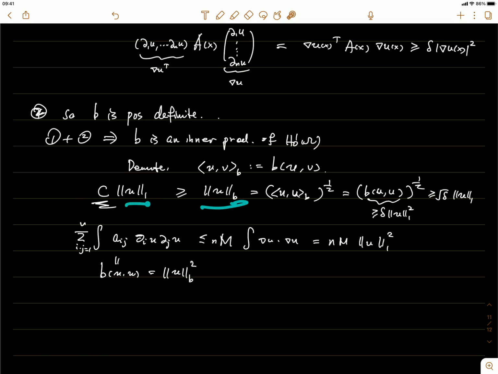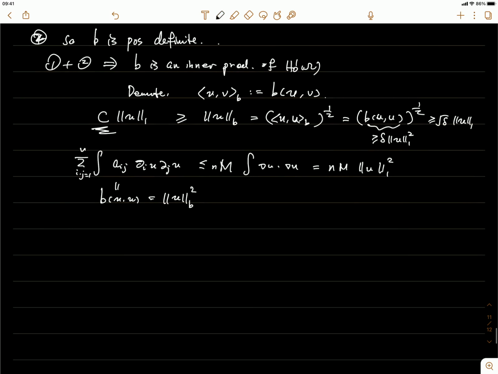The H01 is complete using the 1 norm, so it must be complete under the B norm as well, because these two norms are equivalent. So instead of considering the 1 norm, we can consider the B norm here. This will also be complete. It's a Hilbert space.